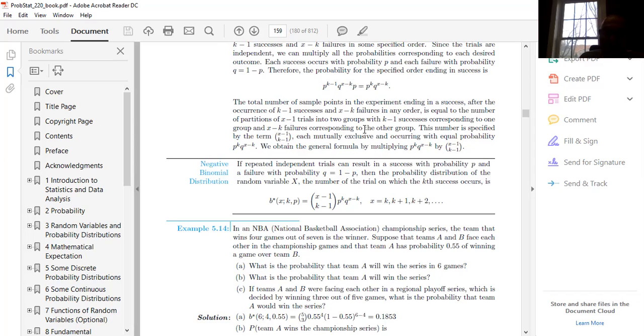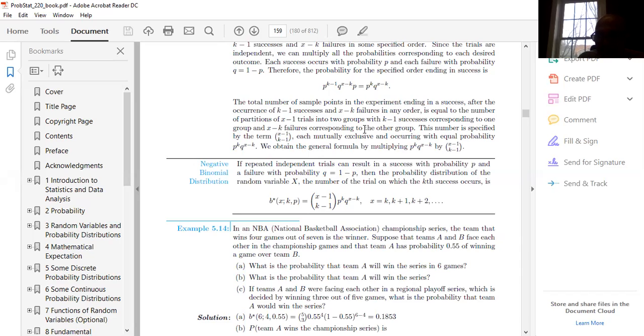What is the probability that team A will win the series in 6 games? That means teams A and B are not going to play all 7 games, because out of the 6 games, team A is winning 4 games. It could be the first 4 games, or the first 2 missing and last 4 games, or any order.